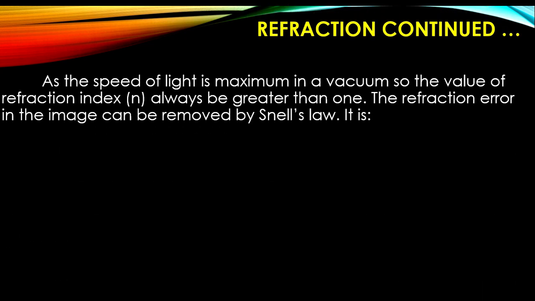As the speed of light is maximum in a vacuum, the value of refraction index n is always greater than 1. The refraction error in the image can be removed by Snell's law.